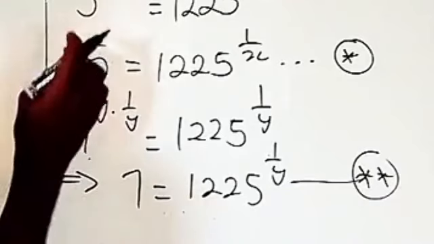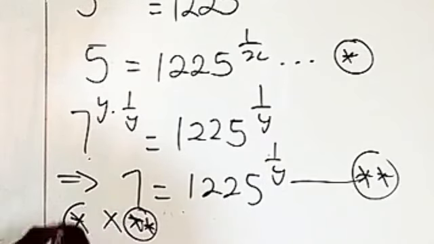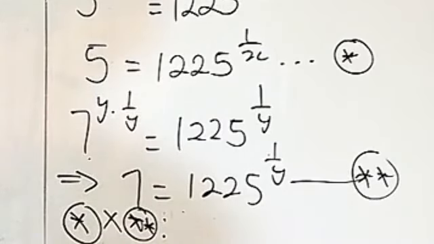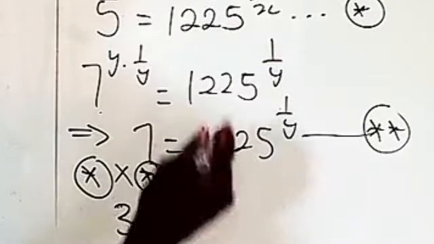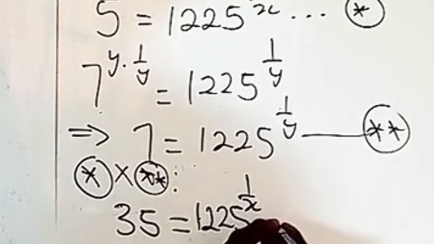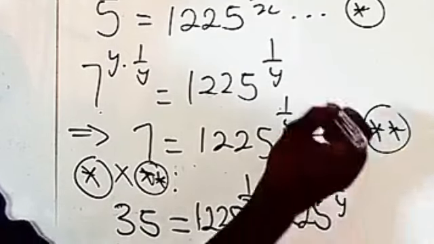I multiply star by star star. What am I going to have? On the left, 5 times 7, that will be 35, equals 1,225 to the power of 1 over x multiplied by 1,225 to the power of 1 over y.